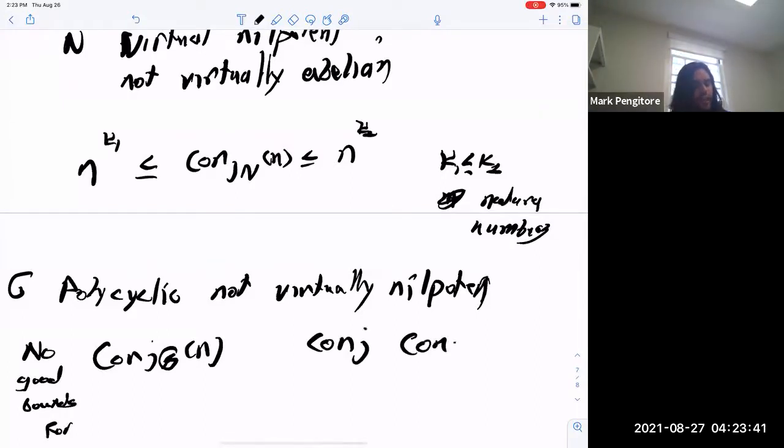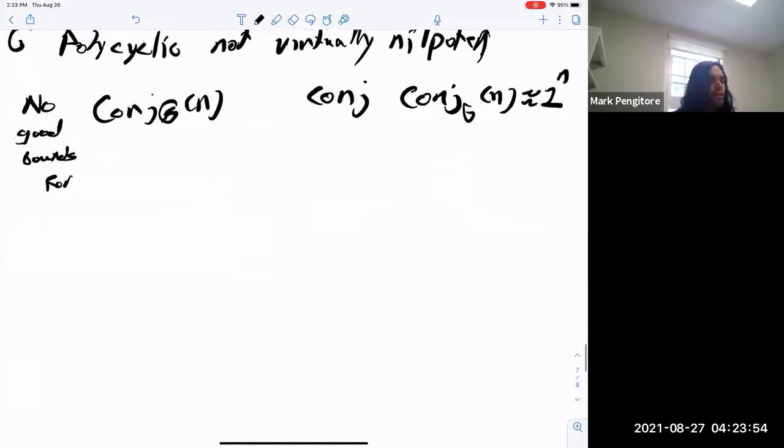In this case, the conjugacy separability of G, when G is polycyclic, not virtually nilpotent, should be exponential. And if you're interested in why, I can explain a little later. So this is all that is known.